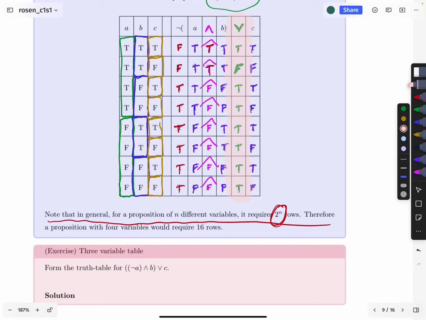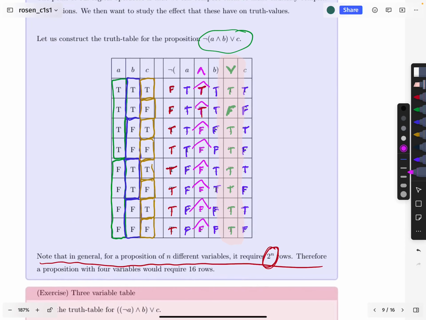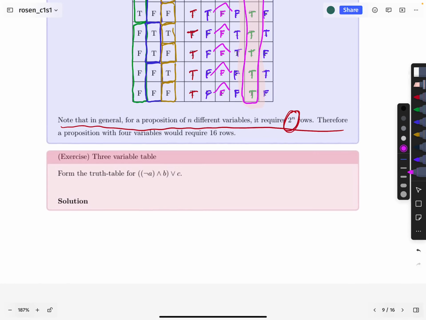So what it's actually asking for when it says to construct the truth table is really just this last column, but everything up to that was needed as a way of computing all of the intermediate values so that we could build up to that. That, though, is the actual answer to the question. Okay, and so with all of that in mind, please solve this exercise and then play the next video.